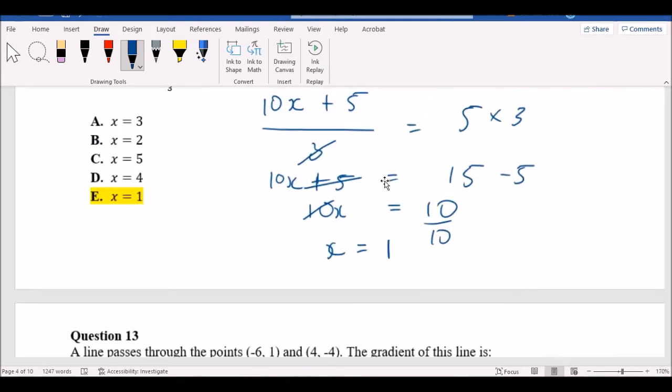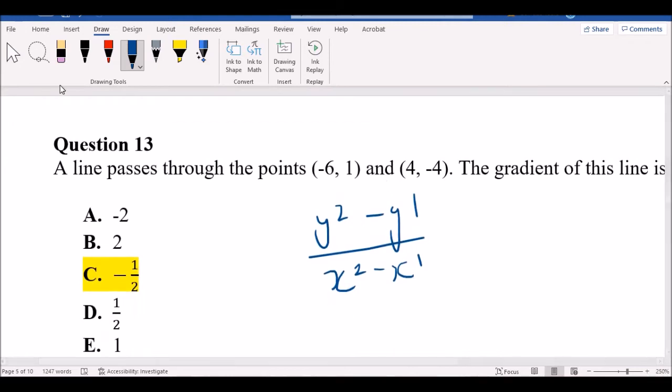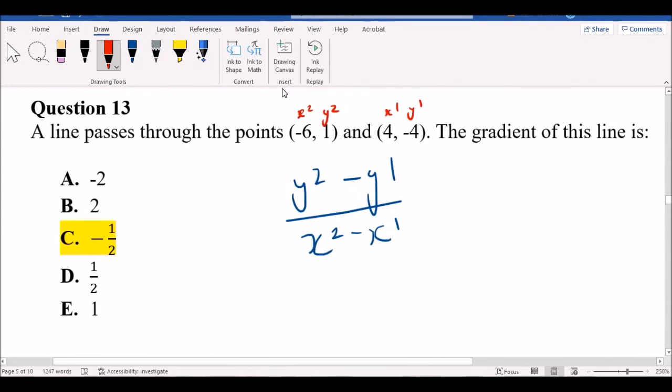So what you want to do is label your points first. You can call it x1, y1, x2, y2, or you can go x2, y2, x1, y1. It doesn't really matter, as long as you group them together properly. If you did it the other way around, you should still get the same answer. So y2 in this case is 1, y1 is negative 4, over x2 is negative 6 minus 4.